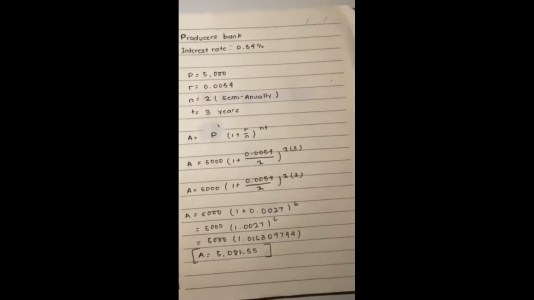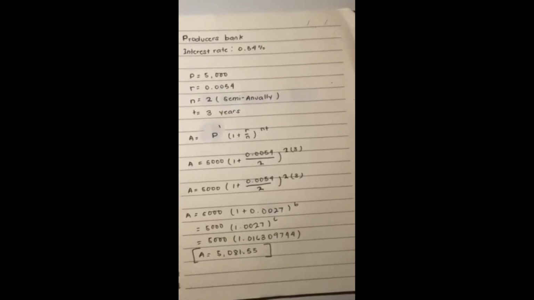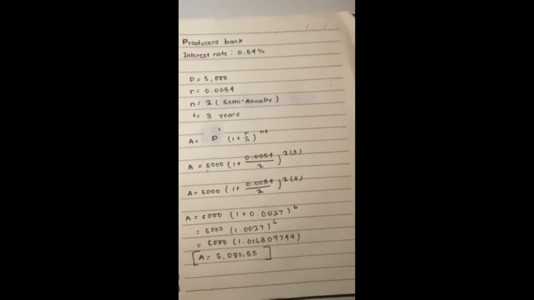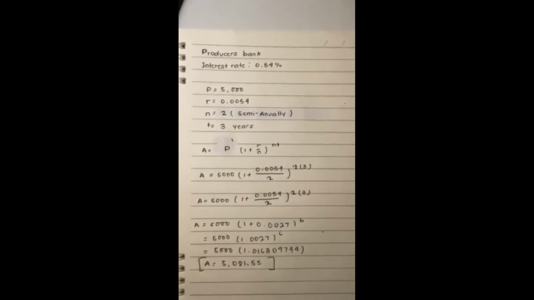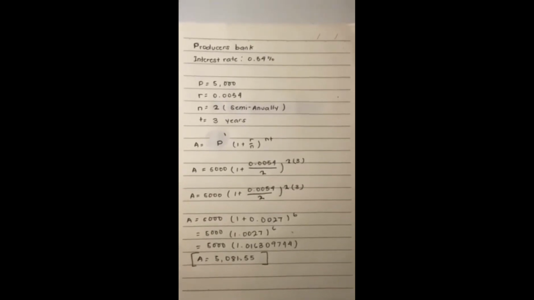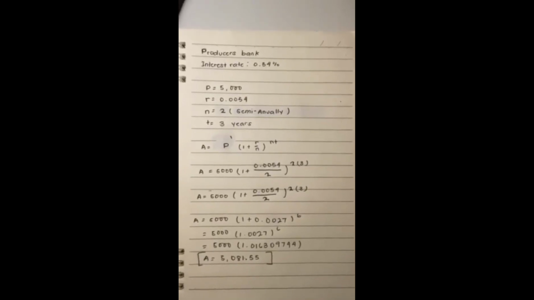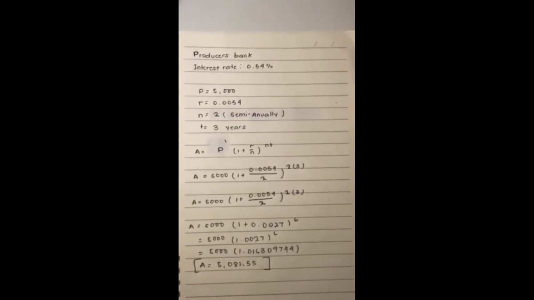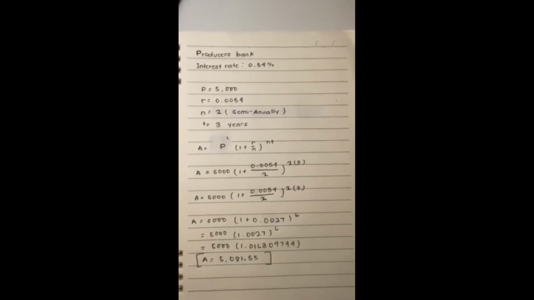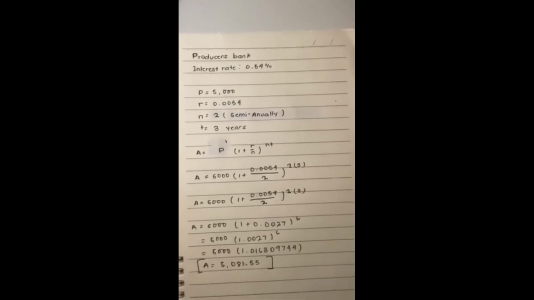Next is we are going to calculate for the 1 plus 0.0027. We have here 5,000 times 1.0027 for the answer, raised to the power of 6. Next is 5,000 times 1.016309744. So we have here right now the total amount for our problem, which is 5,081.55.